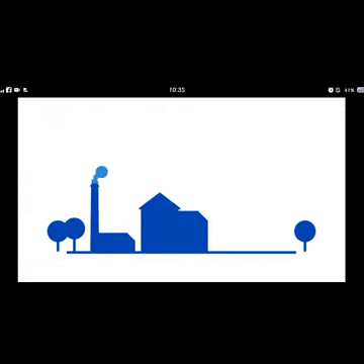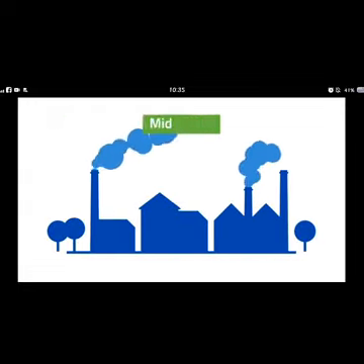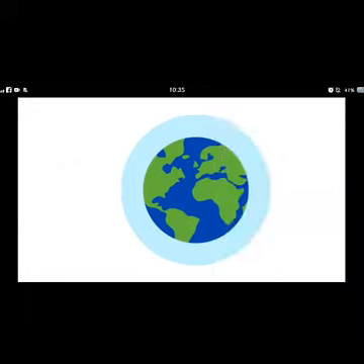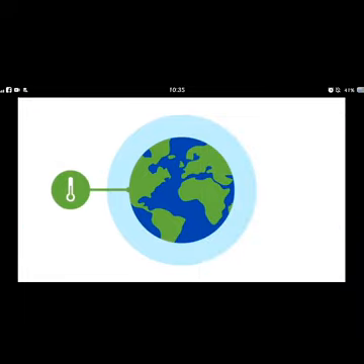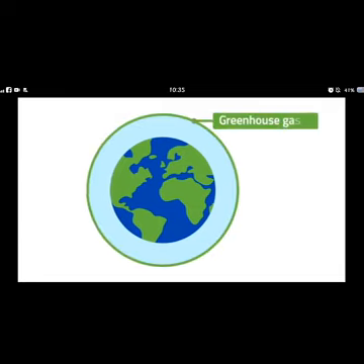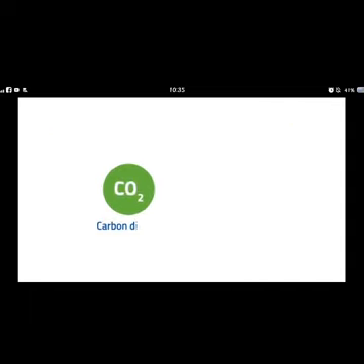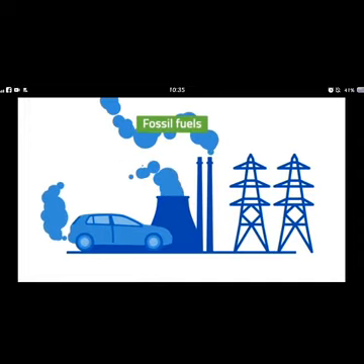As a result of the Industrial Revolution that kicked off in the mid-1700s, the Earth's surface is warming up at a never-seen-before rate. A major reason for the rise in temperatures is the increase in the concentration of greenhouse gases in the Earth's atmosphere. These cause our planet to retain heat from the sun. Greenhouse gases such as carbon dioxide and methane are released into the atmosphere when fossil fuels are burned.